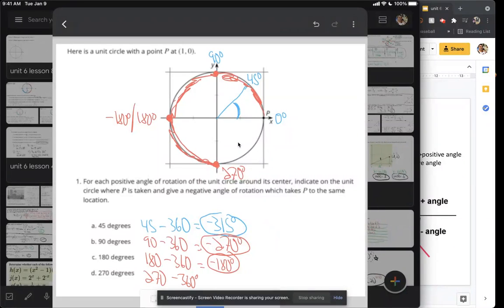But I could also rotate clockwise, starting at 0, but now rotating clockwise, and that would be a 90-degree clockwise rotation for an angle of negative 90 degrees. And what do you know? When you do 270 minus 360, you get negative 90 degrees. Okay, so that's number 1.